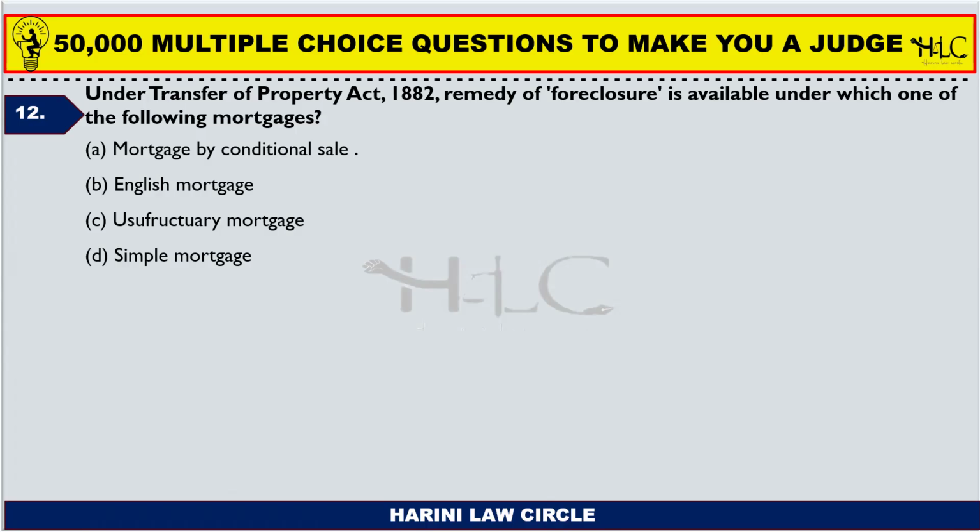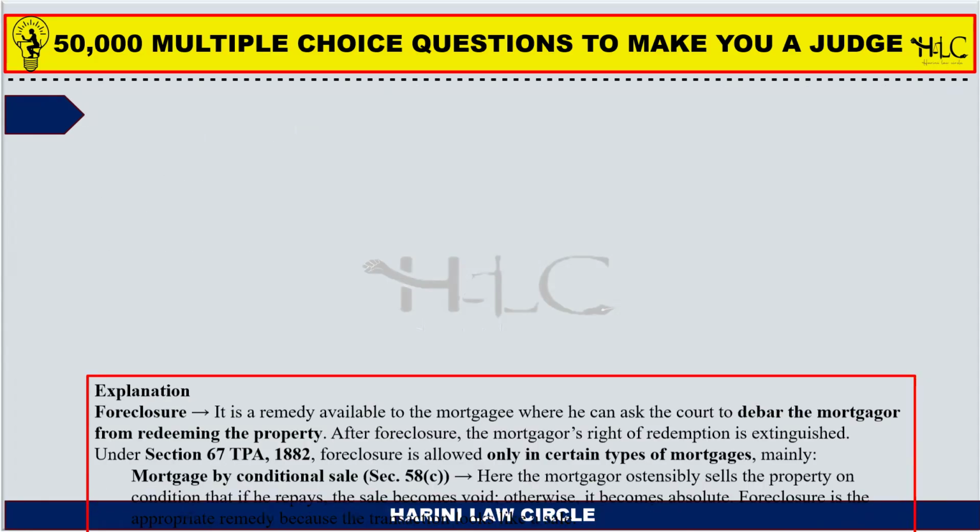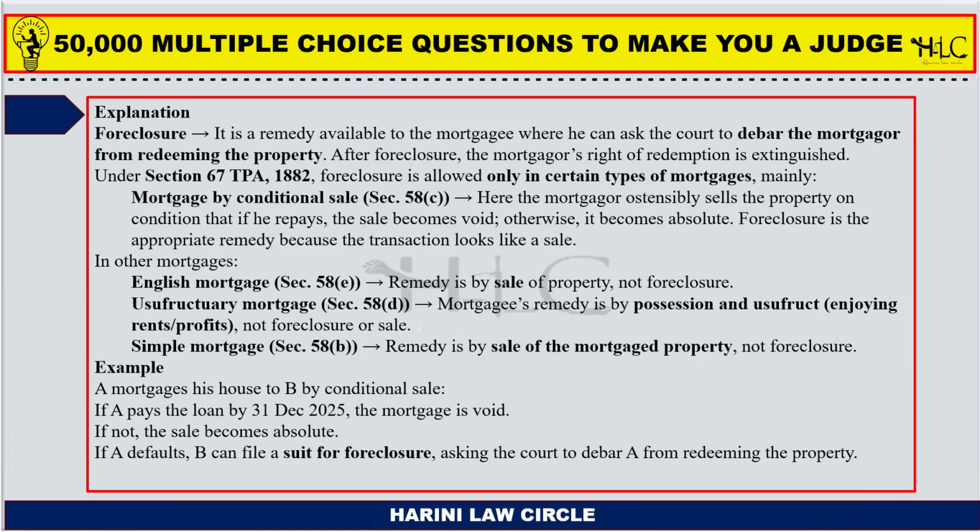Mortgage by conditional sale, English mortgage, usufructuary mortgage, simple mortgage. So, mortgage by conditional sale. Foreclosure is a remedy available to the mortgagee where he can ask the court to debar the mortgagor from redeeming the property. After foreclosure, the mortgagor's right of redemption is extinguished.